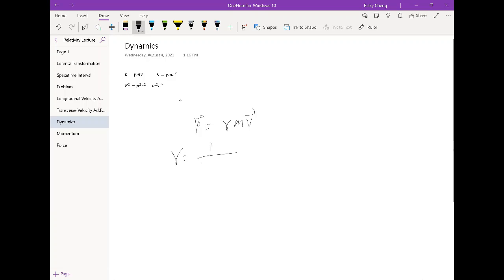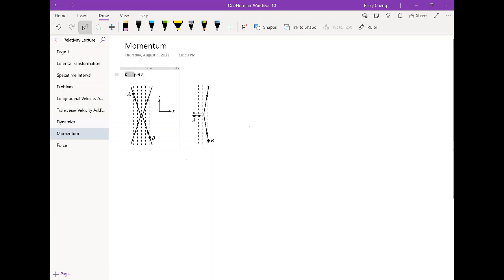Gamma is 1 over the square root of 1 minus v squared over c squared. As you can see, there's a small difference between these equations and the equations in classical mechanics. So let's take a look at where these equations came from. Momentum, P equals gamma mv.